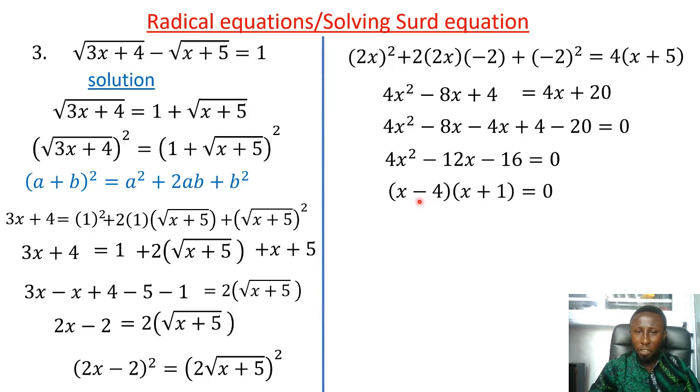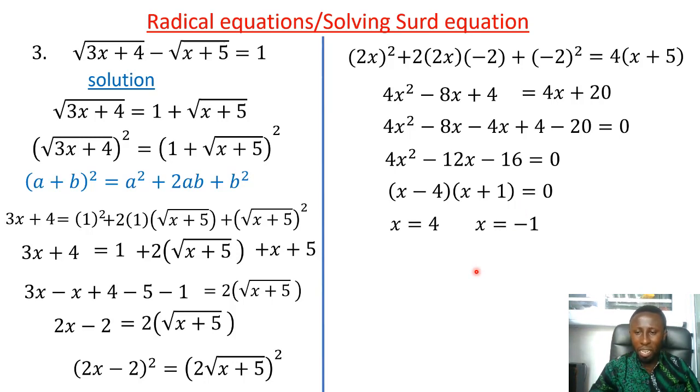Because if you can reduce this, 4 will go here 1, 3 here, and 4 here. You can reduce this to the simplest form. That's why we got that. This one under polynomial, we treat it. So therefore our s equals 4 and our s equals negative 1.